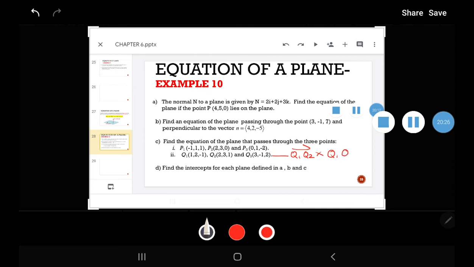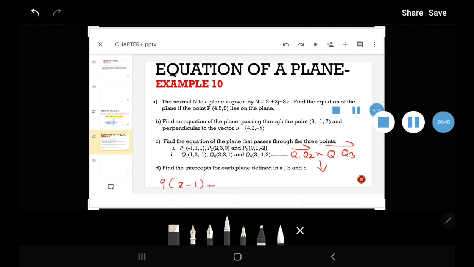So the final answer for this should be minus 5z plus 1 equal to 0. So make sure you can get this answer.